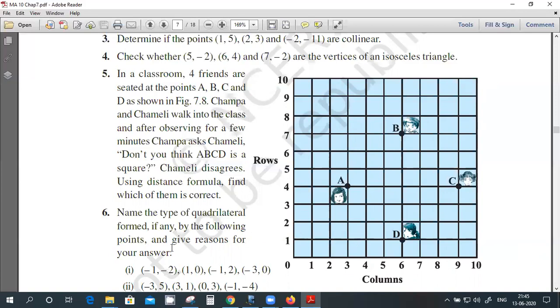One more shortcut way of checking: AC is a diagonal and BD is a diagonal, and they intersect at 90 degrees. The length of one diagonal is 6 and the other is also 6. So the two diagonals are equal, so it's a square.